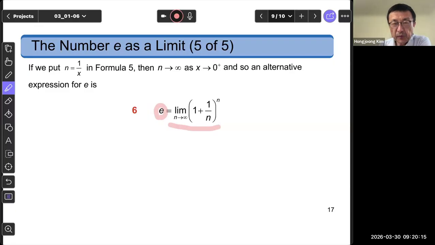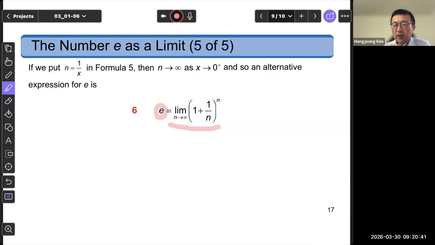So how did I introduce e in the beginning? We considered the tangent lines of the exponential functions at 0. And then we observed the slope of the tangent line at 0, right? So the slope changes as the base b of the exponential function changes.